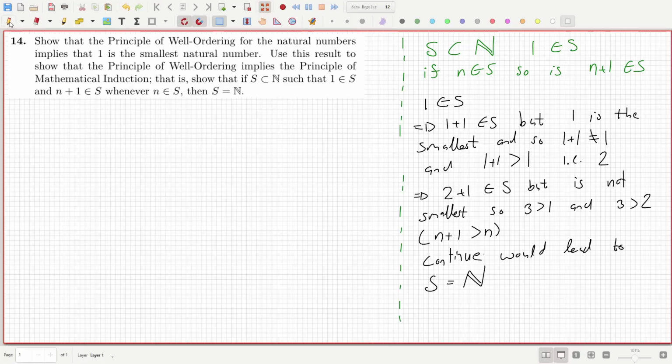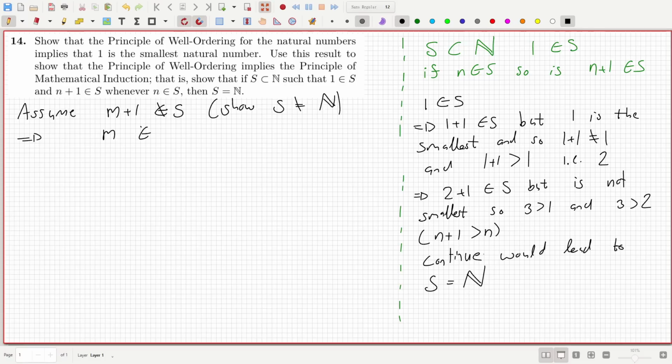For example, maybe assume M plus 1 is not in S, and that would show that S does not equal N. Well, then that would imply M is not in S, which would imply M minus 1 is not in S. And we'd continue to the least.